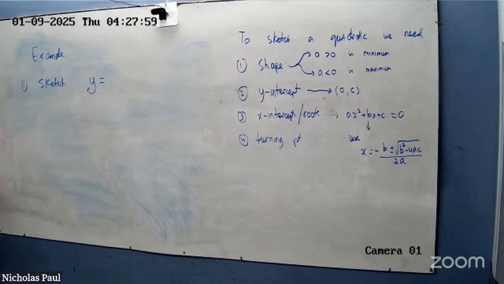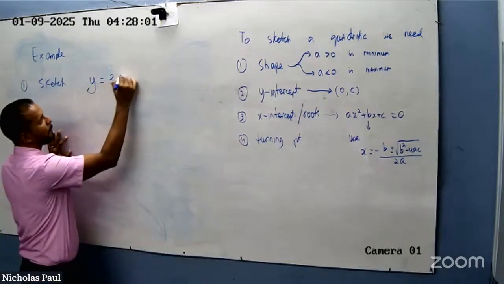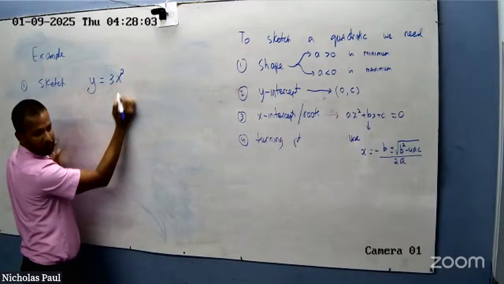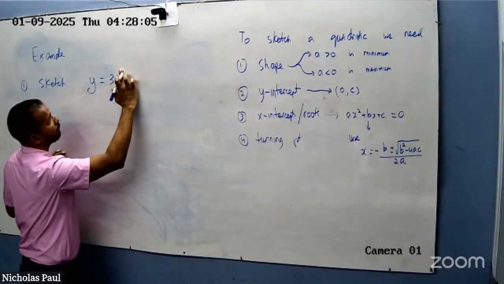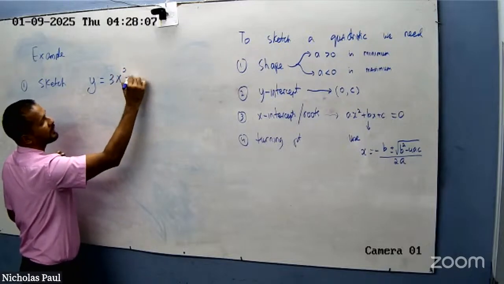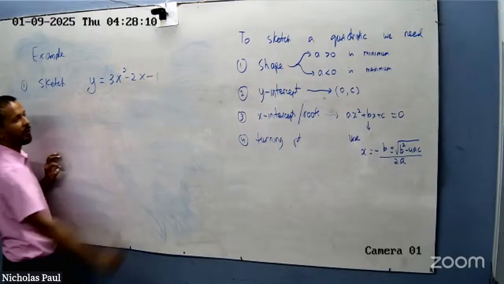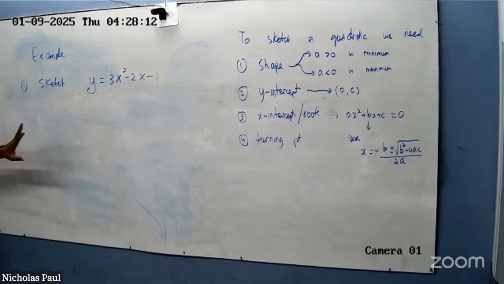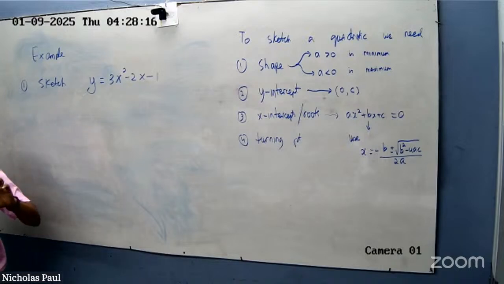Ready? So let's take a look at this here. 3x squared minus 2x minus 1. You want to try to sketch this, but I'm only going to show you steps 1, 2, and 3 first.